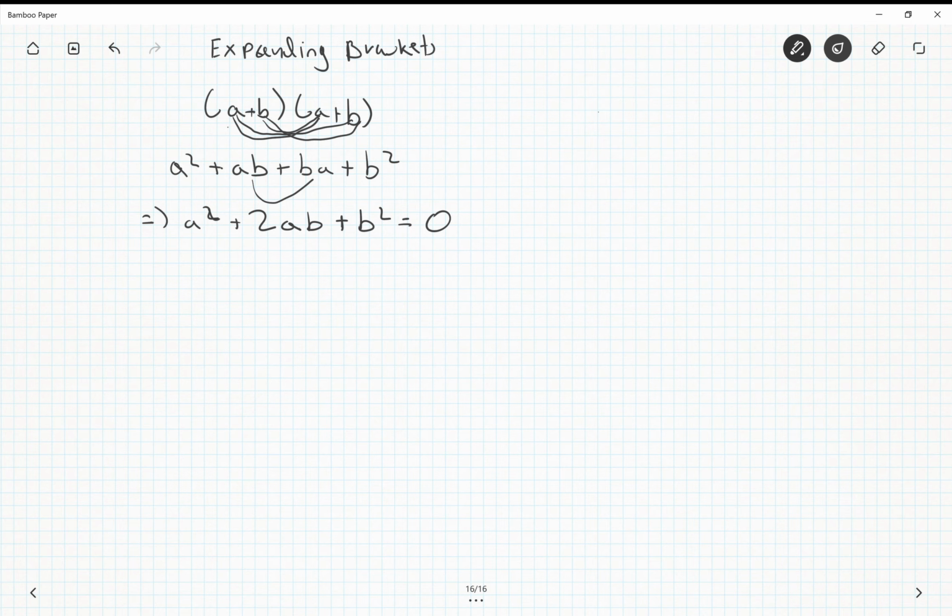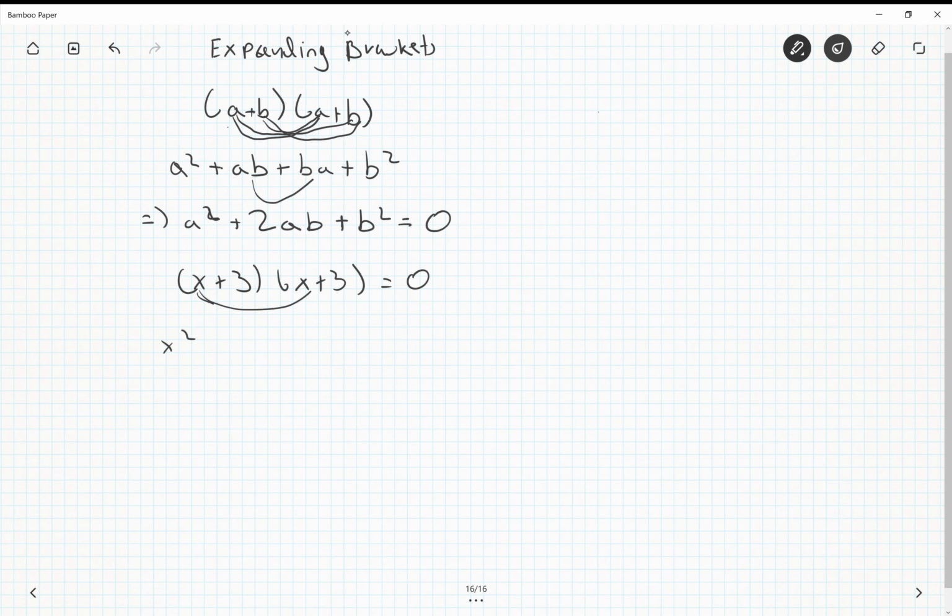So let's say something like x plus 3 times x plus 3 equal to 0. Well then, x plus 3 times x plus 3, we can see x times x is multiplied, that makes it x squared.